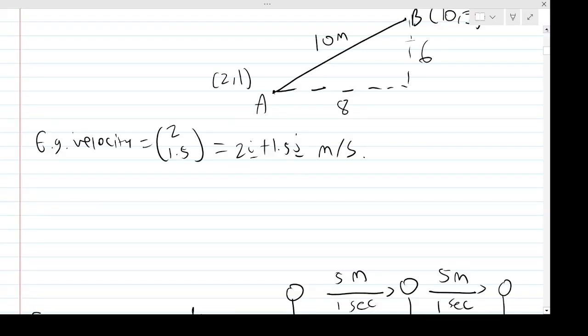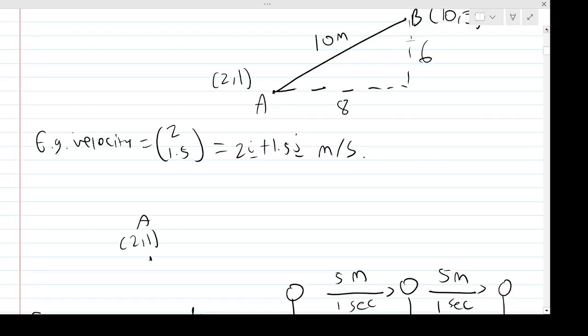So let's demonstrate what's going to happen. I have the point A here, and the point A is (2, 1). Now the velocity is telling me I need to move by this amount every second.